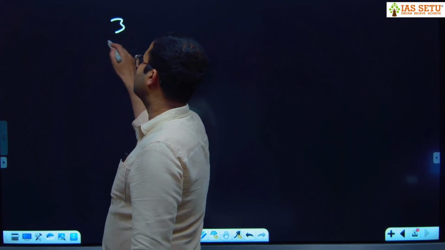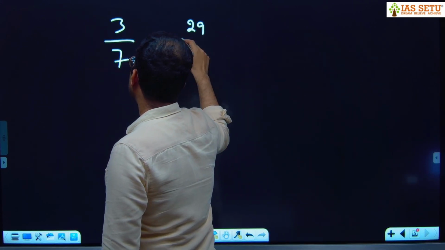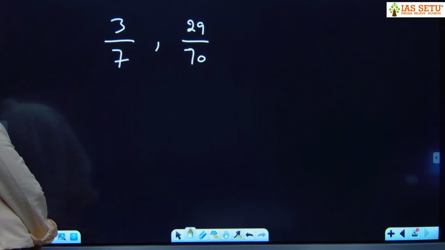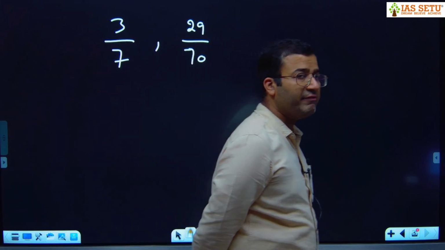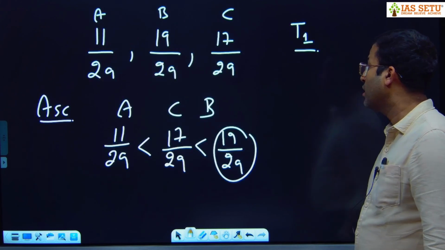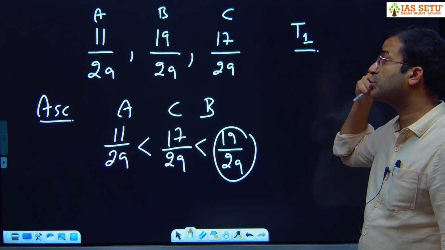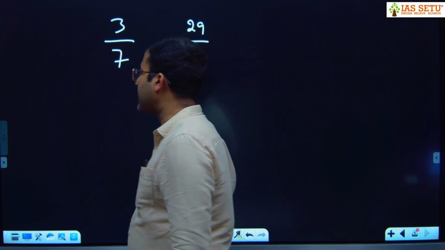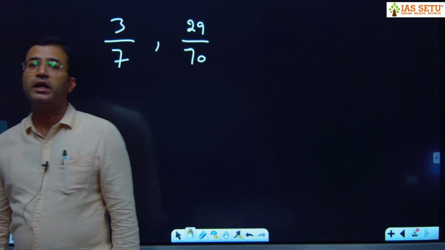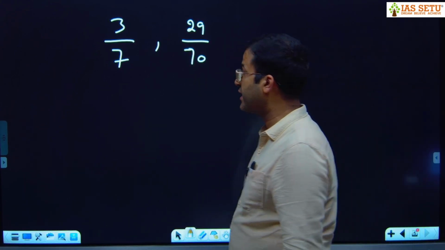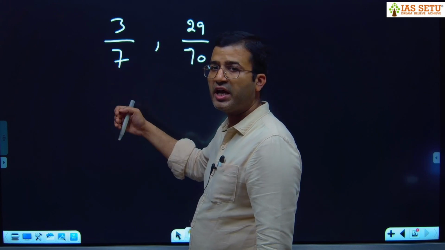Like here, 3 by 7 and 29 by 70. Okay, 7 and 70, we have different denominators. How can you simplify this? There is no scope to simplify these. So if it is asked, our denominators are different, 7 and 70, but we can make them the same. You can make it 7 or 70. I prefer to make 70.